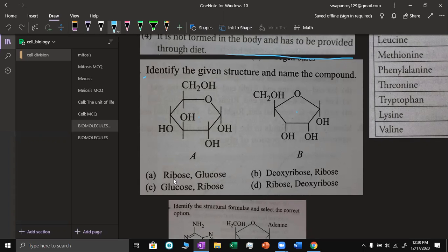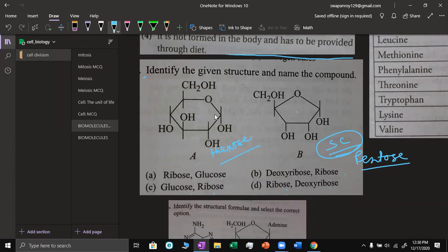Is it ribose and glucose, or deoxyribose, ribose, glucose, ribose? Option C, glucose and ribose. This is a five-carbon sugar, a pentose sugar, and this one is a hexose sugar.